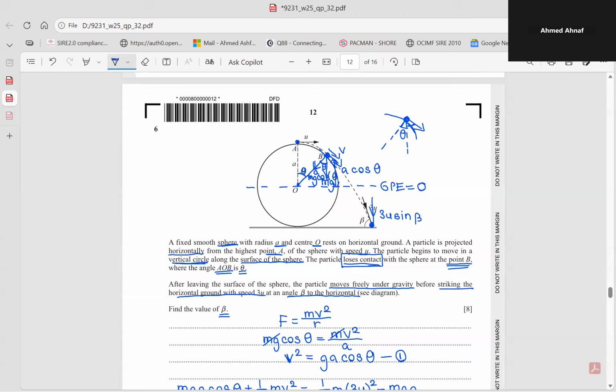We want to find this angle. The normal is perpendicular to the tangent, so this is going to be 90 minus theta.